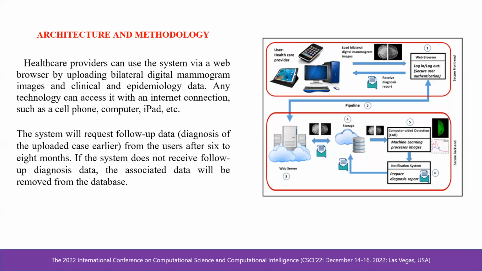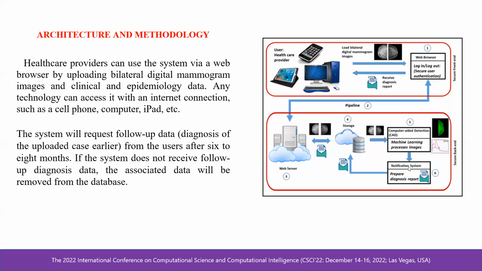This stage will merge bilateral digital mammography images, epidemiology, and clinical data. The feature sets representing each modality will be fused in the feature bank, performing a feature reduction selection procedure to avoid overfitting problems in the ML algorithm.